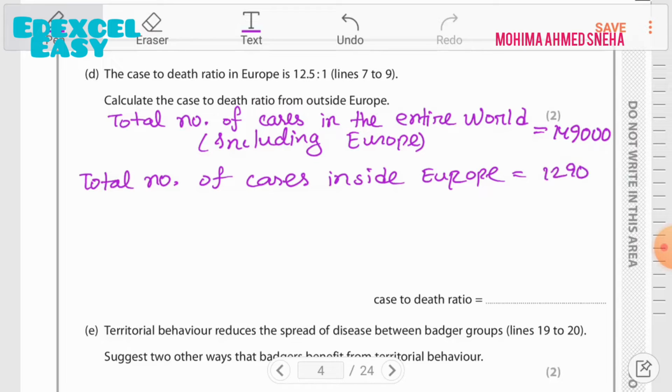So we can now know the number of cases outside Europe would be 149,000 minus 1290.